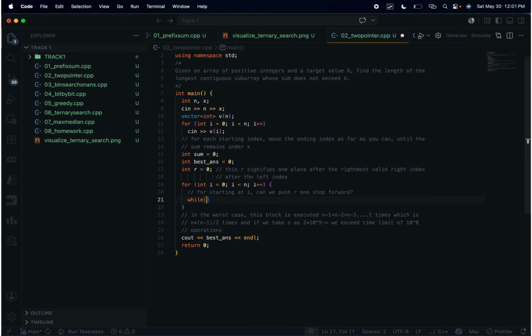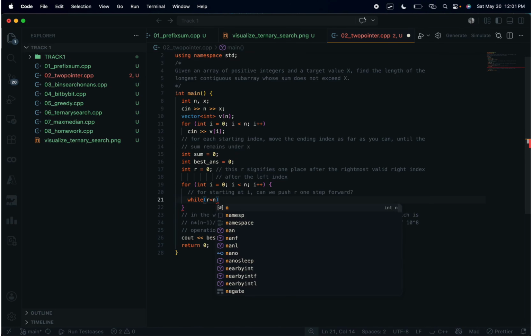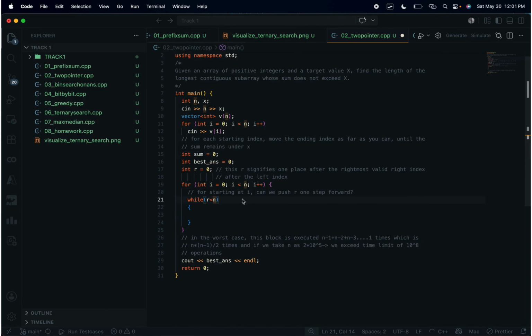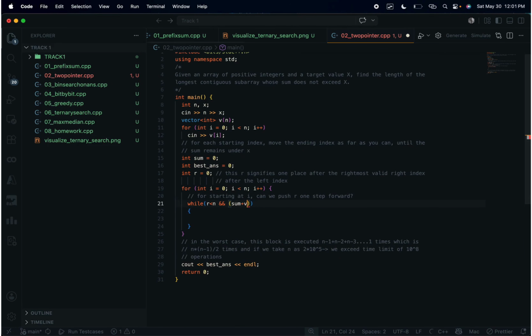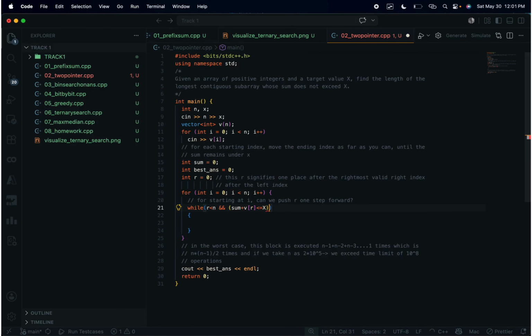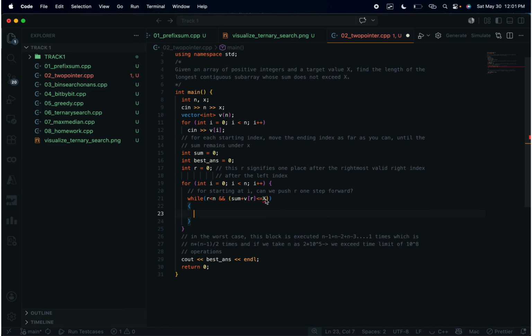So while R doesn't reach the end of the array, while R is less than n, and the current sum plus v of R is less than or equal to the limit, this is like a green flag.